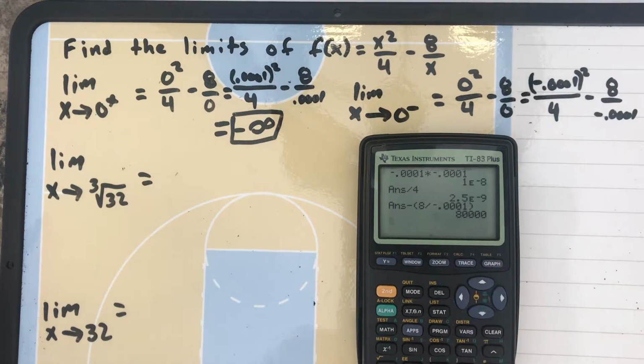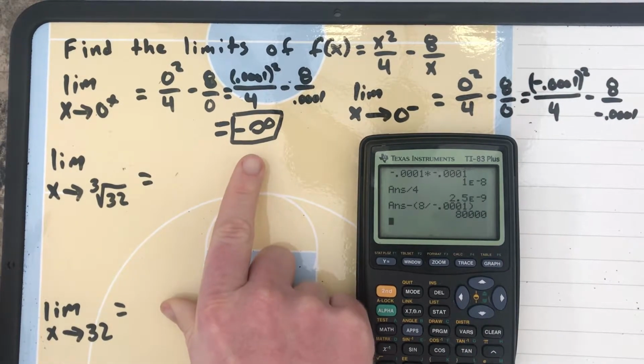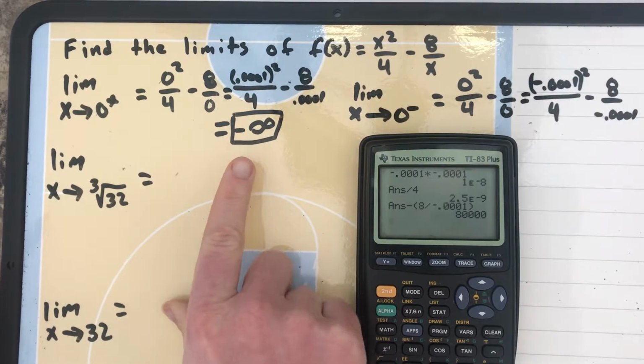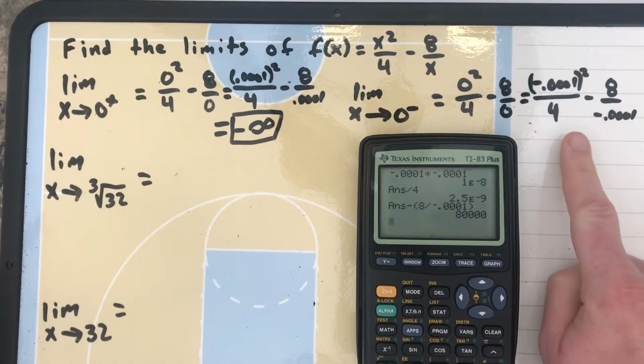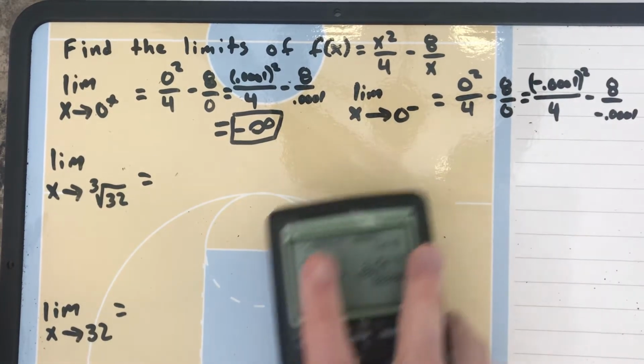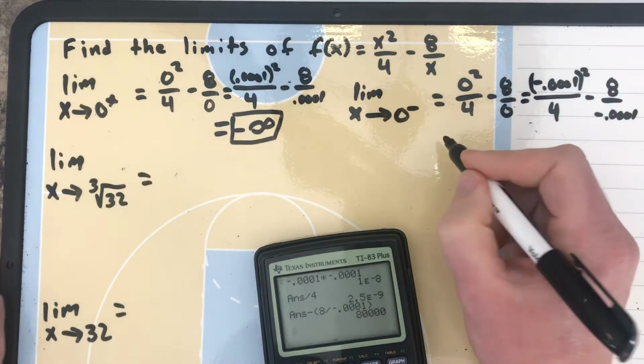All of a sudden I get positive 80,000. In the previous example, I got negative 80,000. This time I get positive 80,000. So what do you think is going to happen when I plug in the number that gave us negative 8 million in the previous problem? It's going to give us positive 8 million. So this limit is actually going towards infinity.